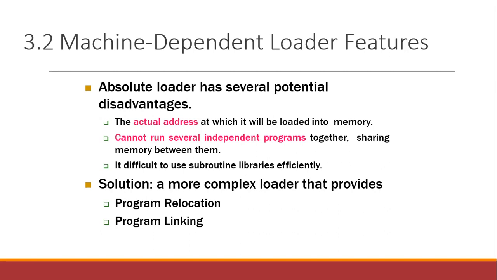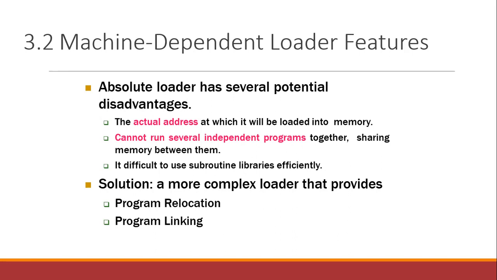In the previous session, we discussed the absolute loader. What do we mean by absolute loader? There are two types of loader, absolute loader and relative loader. An absolute loader loads the program to the actual address.